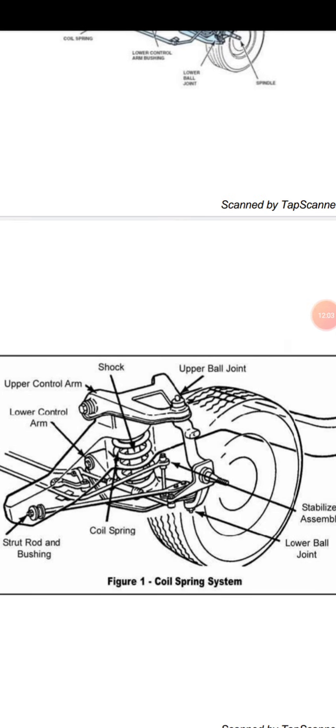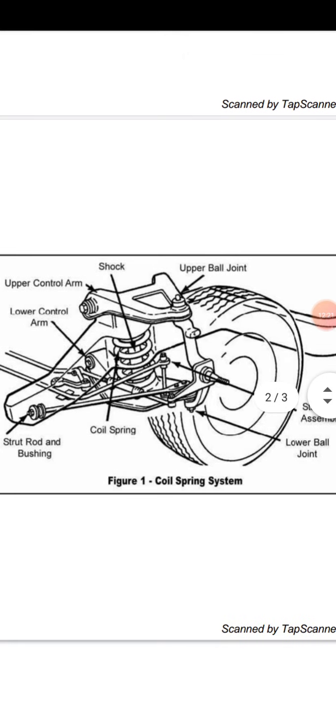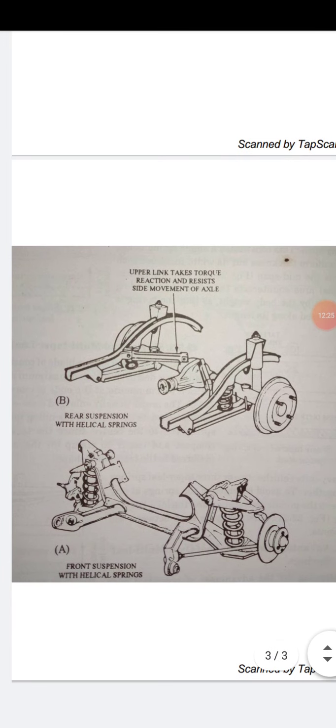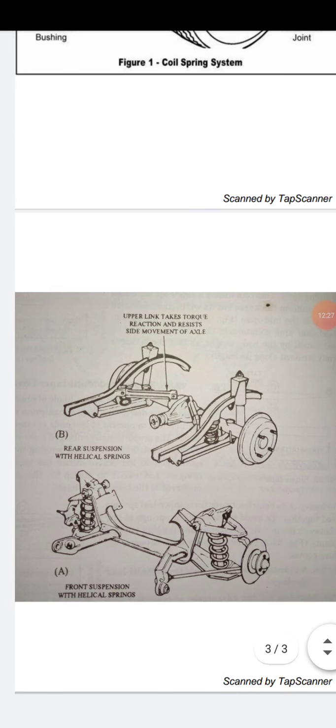So this ball joint is also very important for the front portion of a car, as most joints of the front portion are made by ball joints. Okay, so this is the coil spring type of suspension.